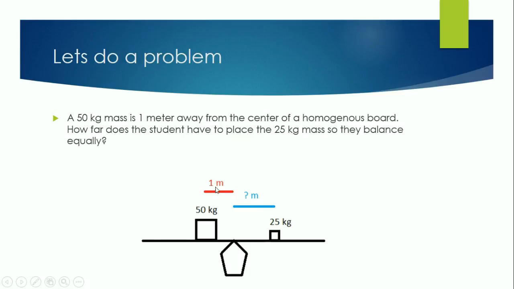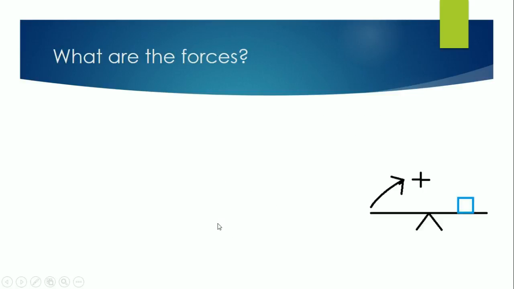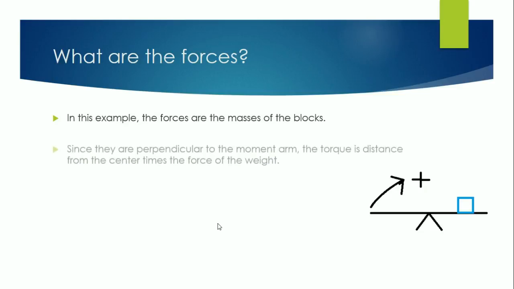That's the question. So what are the forces? There are two forces, which are the weights of the blocks, because the earth, or whatever planet they're on, is pulling them down, causing a rotation of the board.